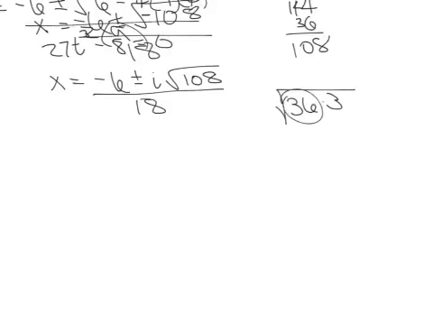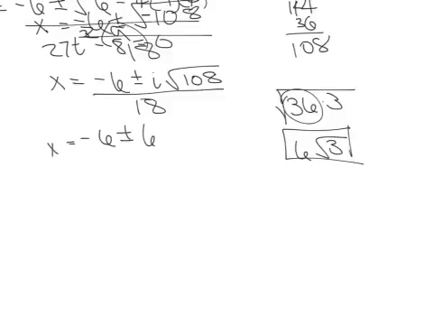The square root of 36 is 6, so 6 square root of 3 is the same as the 108. Okay, so you see what happened there? I got 6 square root of 3 for 108, and I just put the i there. Now I'm going to split them up.